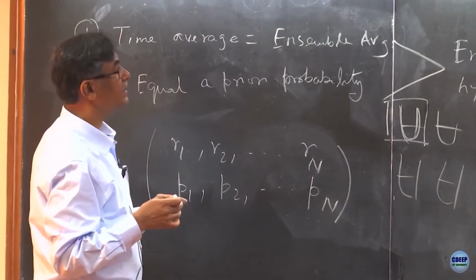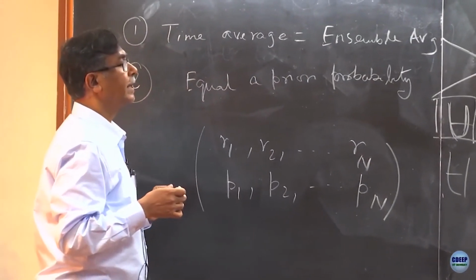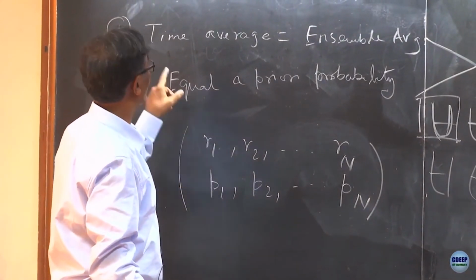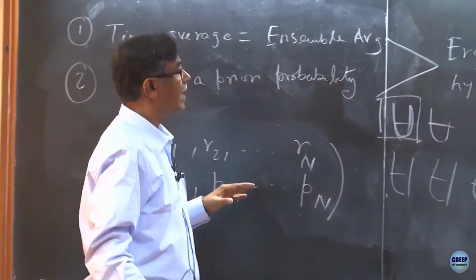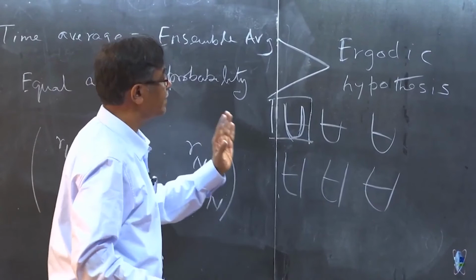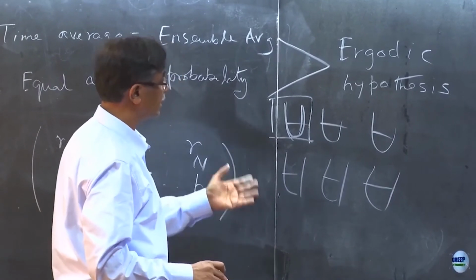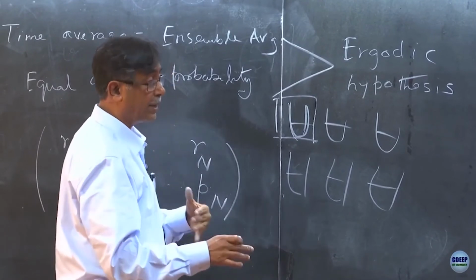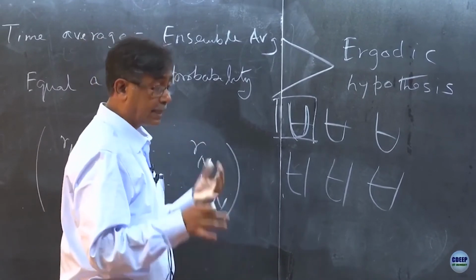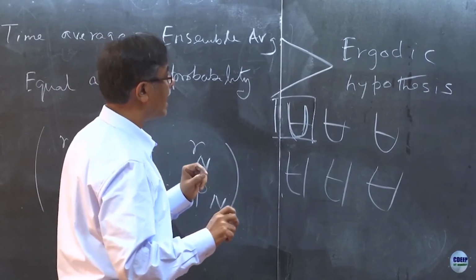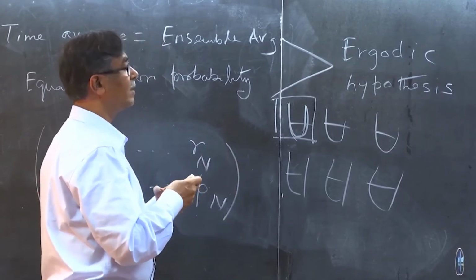Now as soon as Gibbs did that, a problem came. When I am doing time averaging, I have one system which I am studying for a very long time, studying the motion of atoms and molecules, their positions and momenta, and then I am averaging a property, for example pressure, the internal energy, enthalpy, entropy. But now I have replaced that by my mental construction.